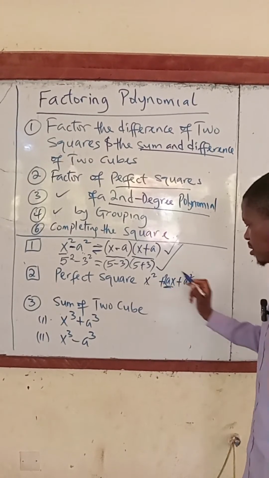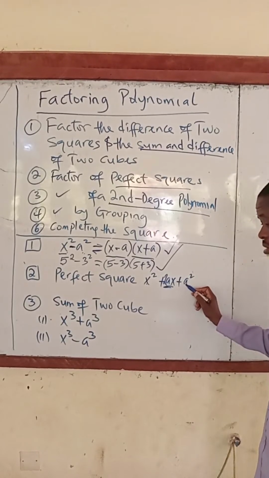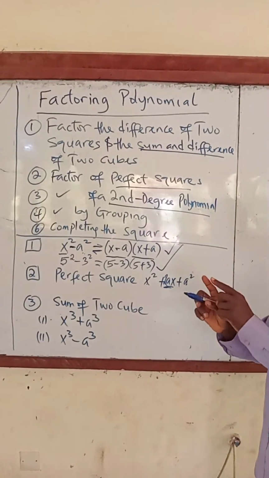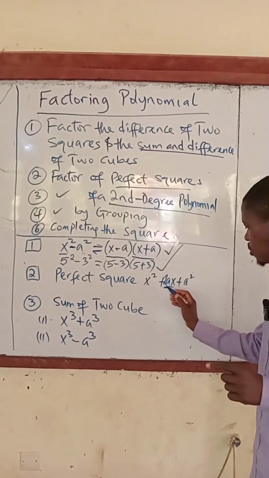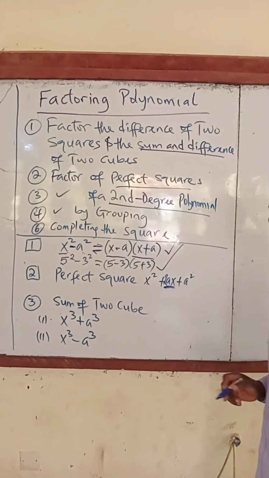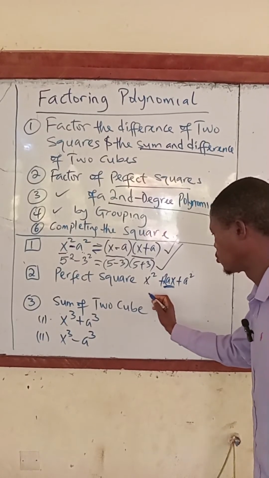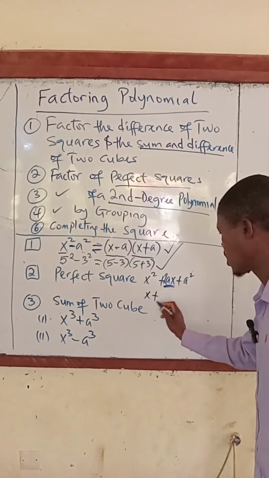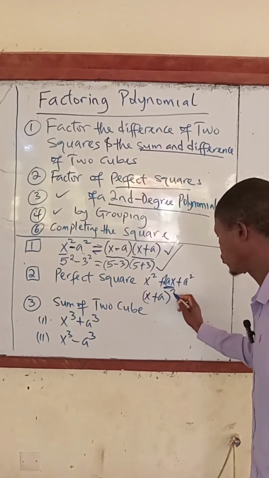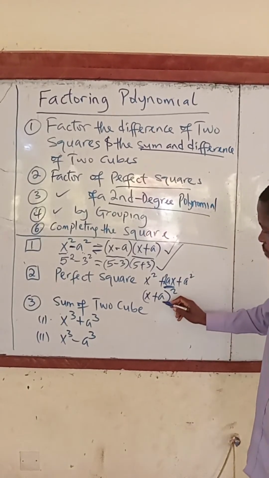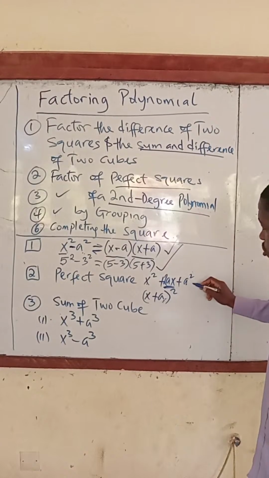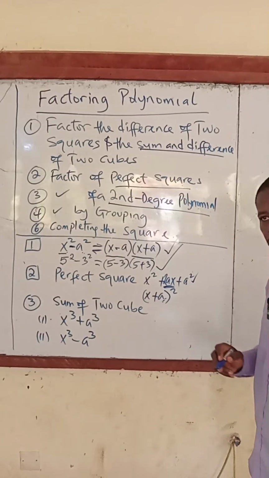Take the first and the last, multiply them together, times 2, and that will give you the middle number. So this is going to be equal to x plus a squared. If you expand this, it's going to give you this one.